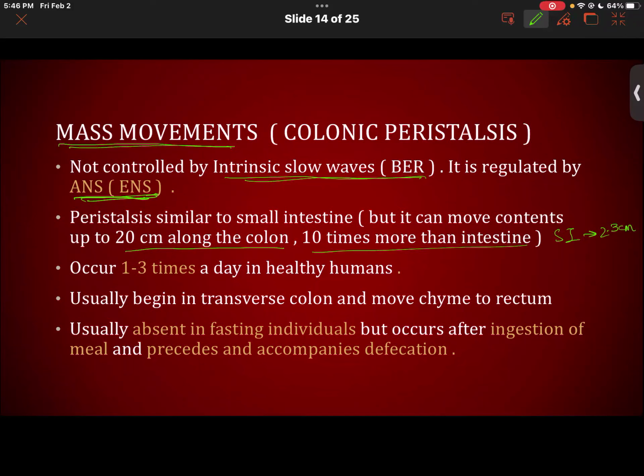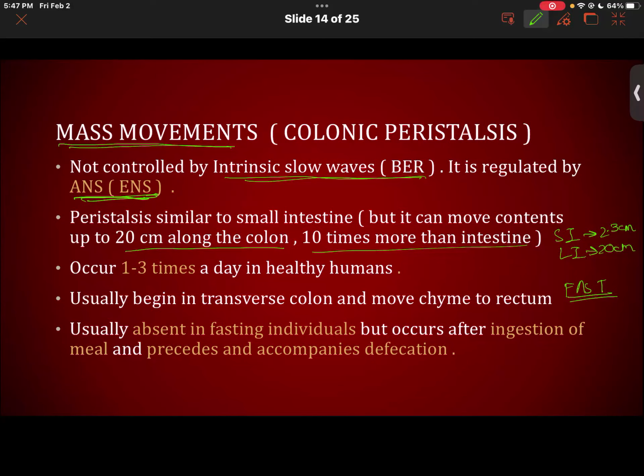Mass movements occur 1 to 3 times a day in healthy humans, and they usually begin in the transverse colon, and they move the chyme to the rectum in a fast manner. So I told you earlier, it's fast, but it's usually slow, sorry.